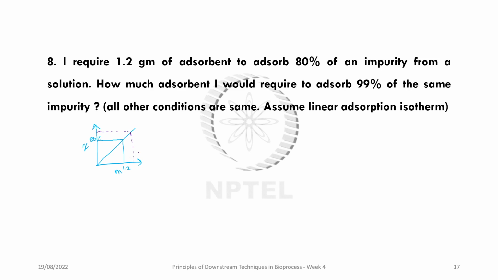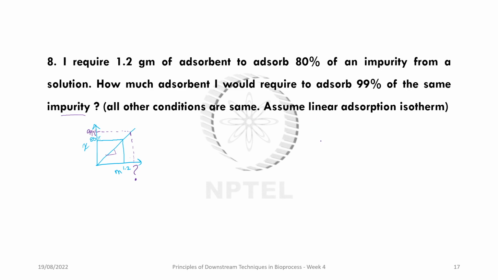Does anybody want to try this? So the question is, how much adsorbent would I require to adsorb 99% of the adsorbate impurity here? So you can use this particular slope as a measure to get this.